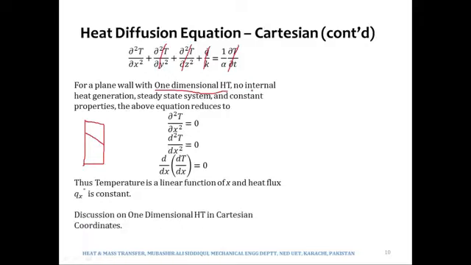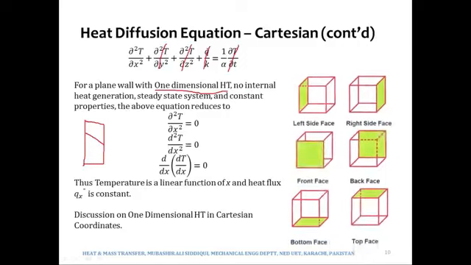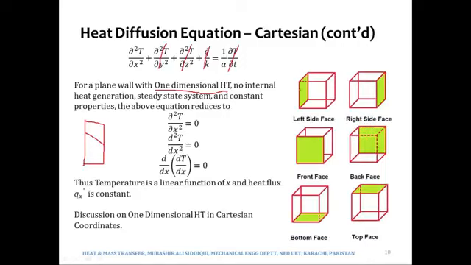Now let's have a quick discussion on one dimensional heat transfer. If we consider heat transfer in x direction only, the heat will be transferred in this direction only, in x. It means that temperature gradients exist only in x direction, and will not exist in y or z direction.